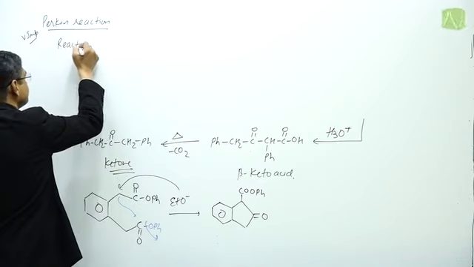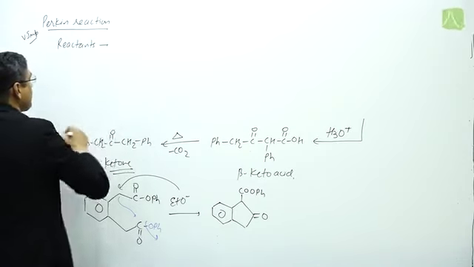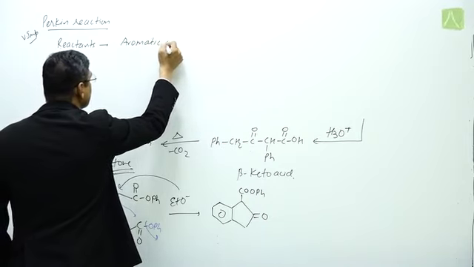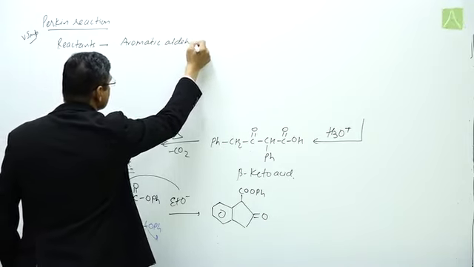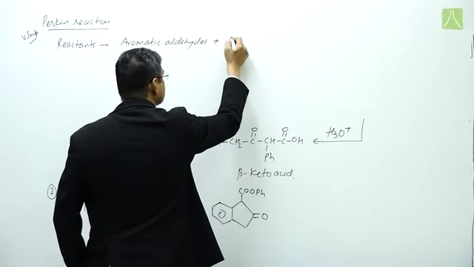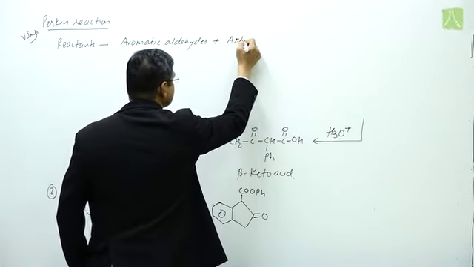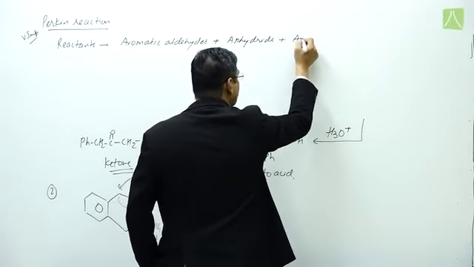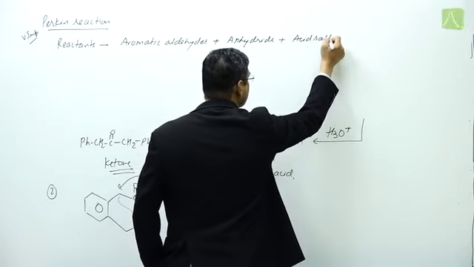Reactants are aromatic aldehydes which do not have alpha H, plus anhydride, plus acid salt of the same anhydride.